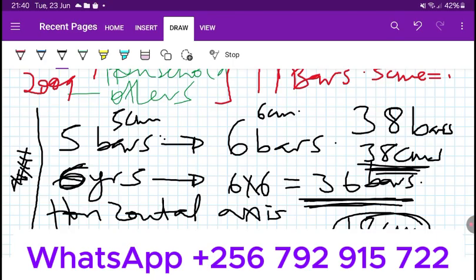But the years are 6. So sometimes what I wanted to prove was that you may find some of these bars will not fit on the graph paper. What will you do?